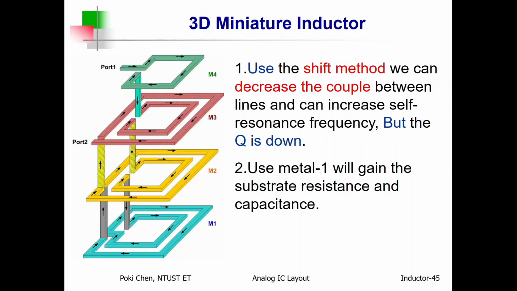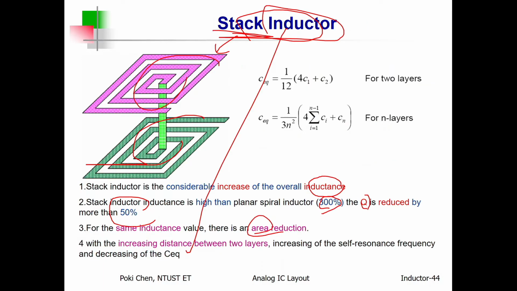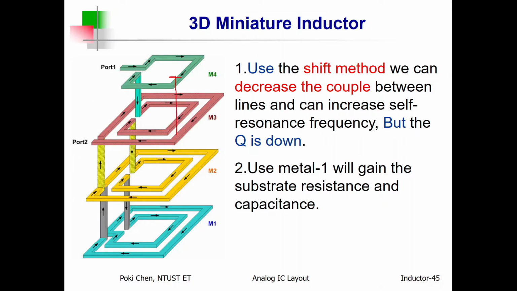Then another new layout pattern called 3D miniature inductor. That is from Professor Chen Liu's lab, my professor, invented by my junior schoolmates. Okay, have a look at this, only 2 layers, right? They would like to expand it from the top metal all the way to the bottom metal. In this way, the inductance will be increased substantially. And among layers, you need to have some kind of phase shift.